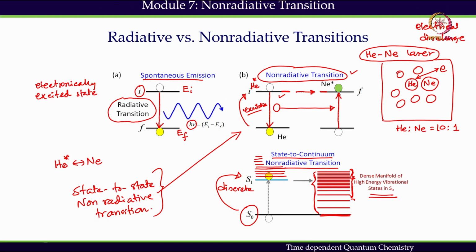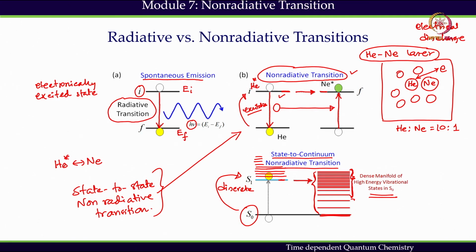In this case, non-radiative transition occurs from the ground vibrational state of S1 to the dense vibrational manifold, very high energy vibrational states which are so closely spaced that we can say it's a continuum or quasi-continuum, almost continuum-like.